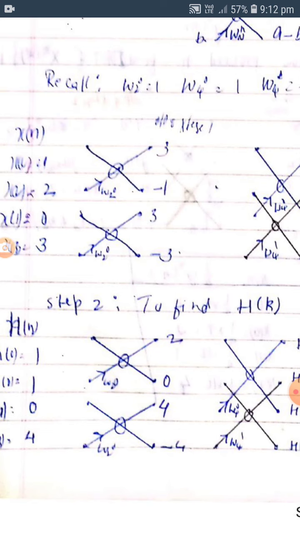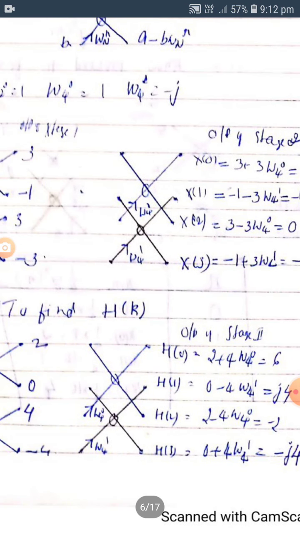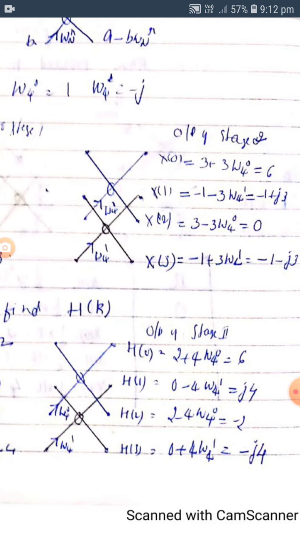Then the first stage output will be 2, 0, 4, minus 4. Then finally the last stage output will be capital H of 0, H of 1, H of 2, H of 3, which will be 6, j4, minus 2, minus j4.